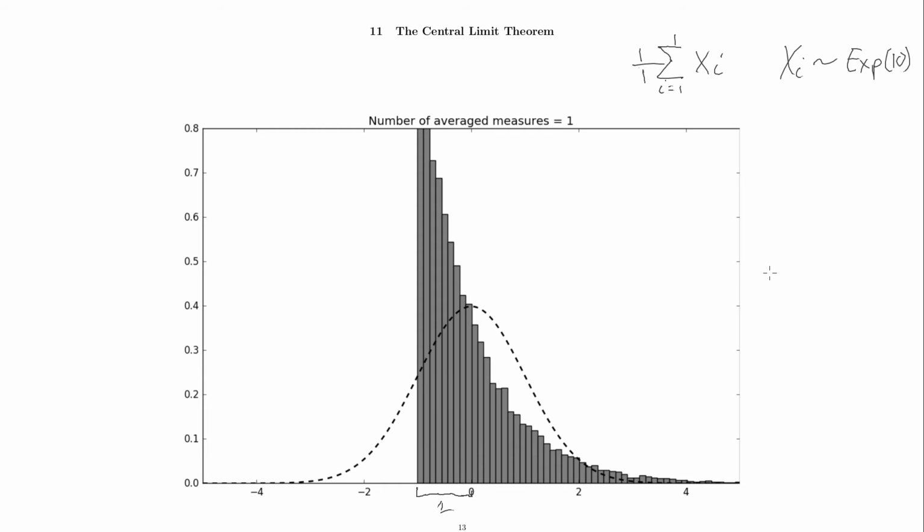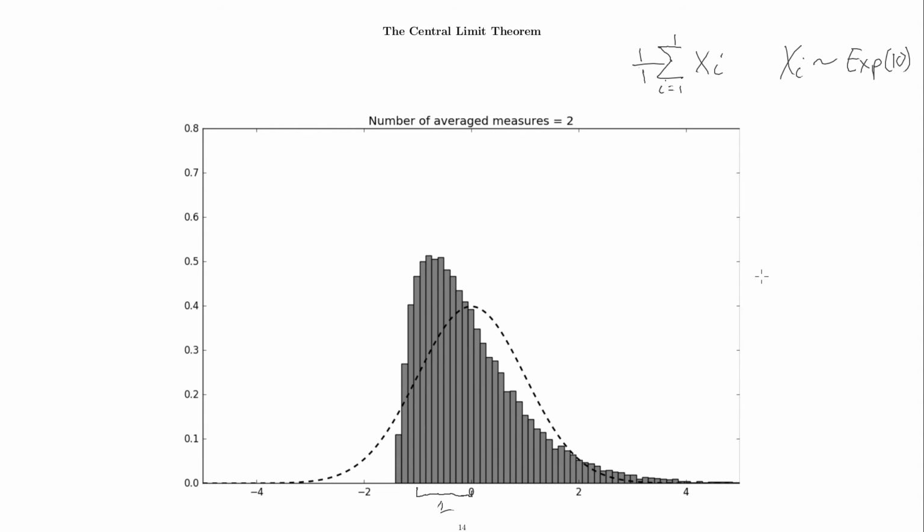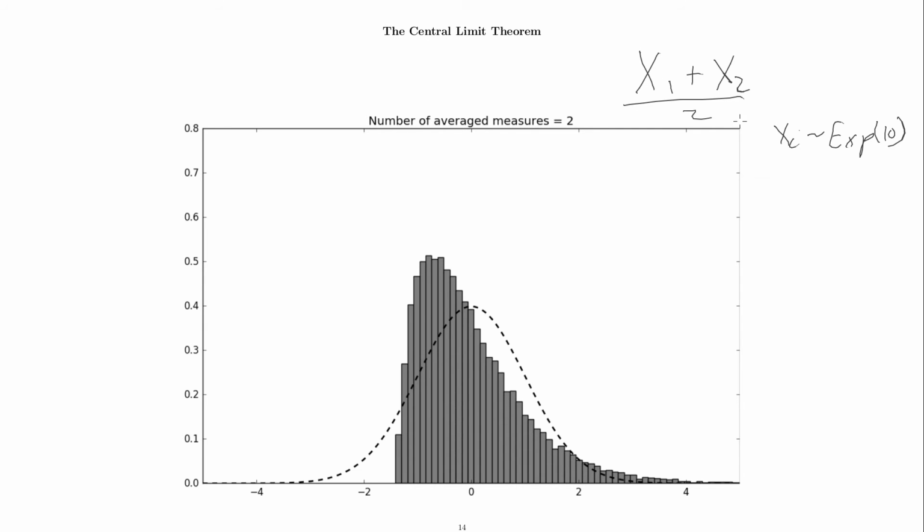So then what happened for this next picture? Now I'm adding together two random variables. This time, I have x1 plus x2, where x_i is distributed again as exponential of 10, and I'm dividing by 2, and then I'm sampling from these to generate this distribution again.